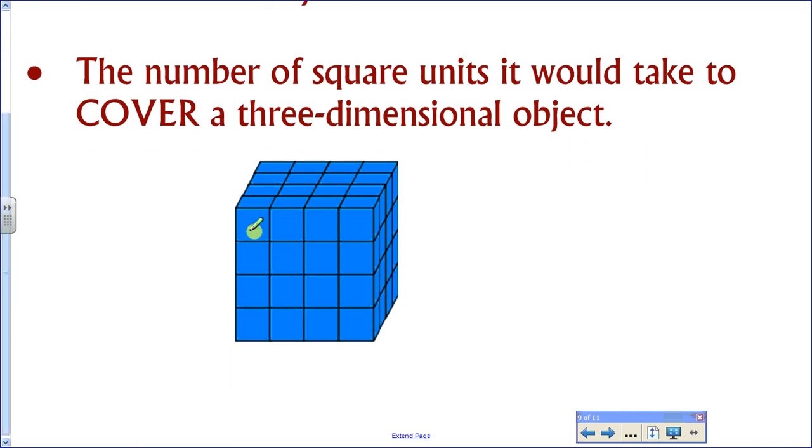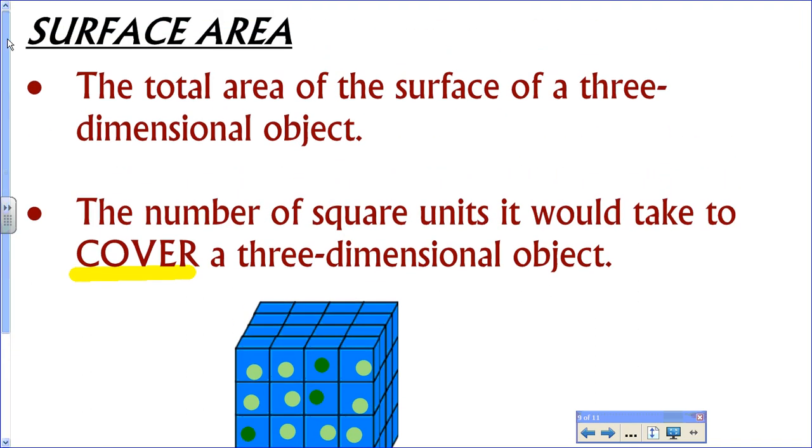So we could count up the number of squares that it takes to cover this whole cube. So notice just one face of this cube is 16 square units. We would need to figure out how many square units it takes to cover the whole entire cube. The key word here is cover. So when you think of surface area, you should think, how much does it take to cover it?